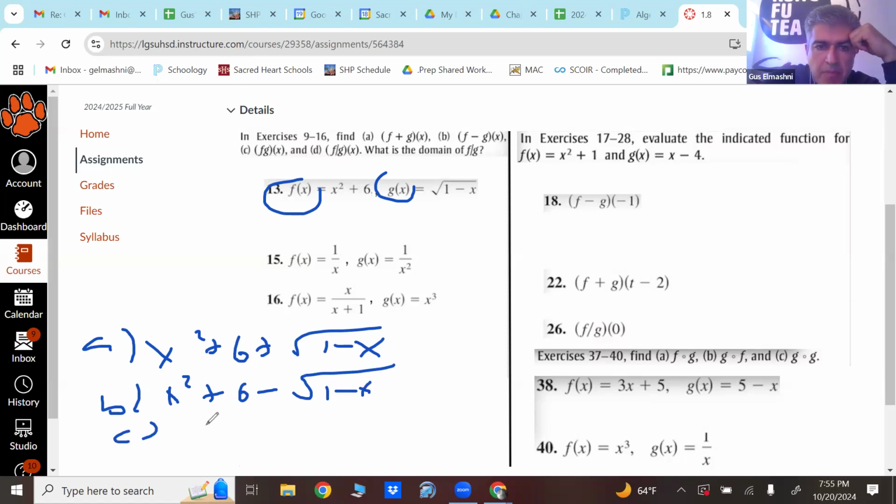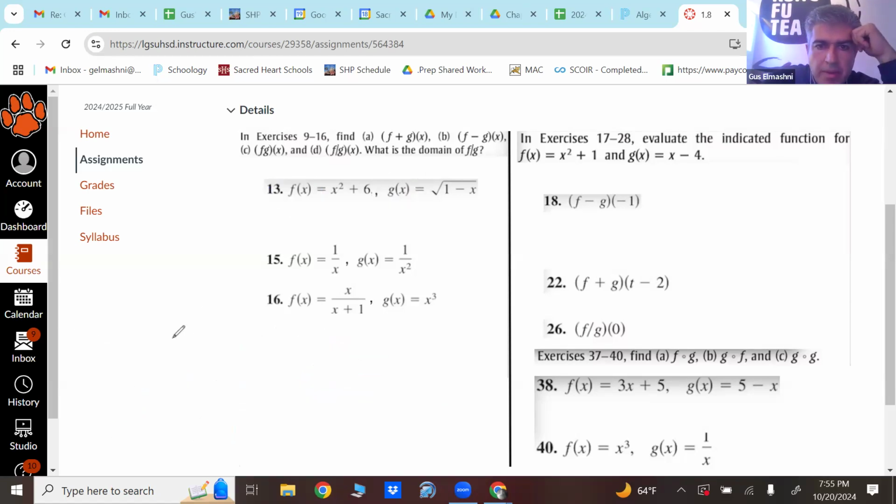Part C, we can't really multiply them together, so just see it like this. For part D, you do one over the other. But then they want the domain of that.